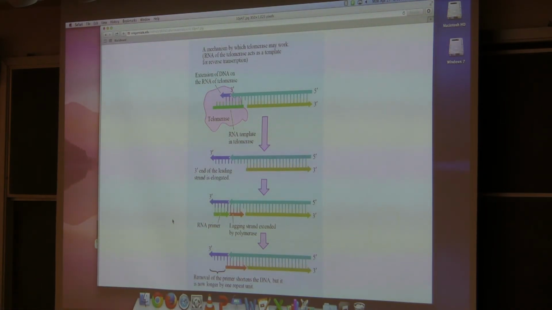Imagine that the longer you replicate a cell, the more and more of the DNA you lose. Do you see a problem? I see a problem. Because I've got genes on those chromosomes that are important. And if I start losing, at some point I'm going to lose some gene that I need for that cell, right?